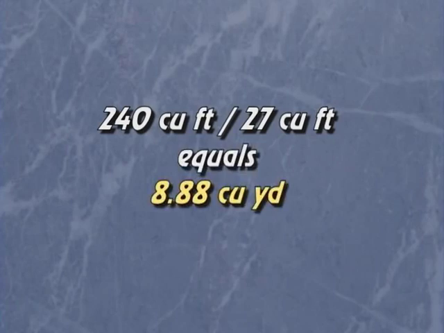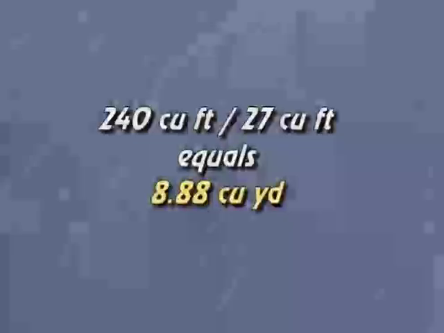But we have to convert 240 cubic feet into cubic yards. To do that, we divide by 27 cubic feet per cubic yard. 240 cubic feet divided by 27 cubic feet will convert into 8.88 cubic yards.